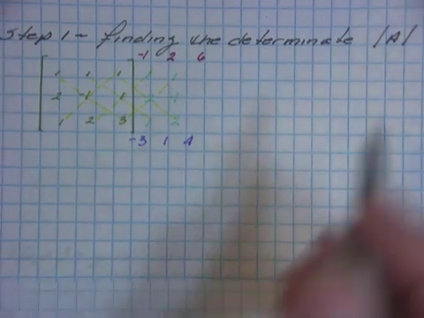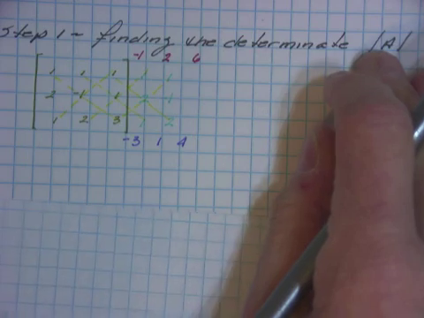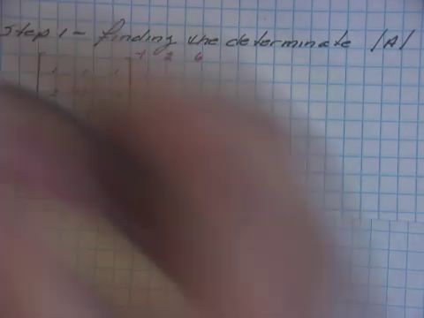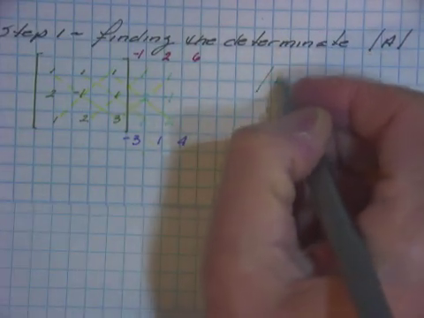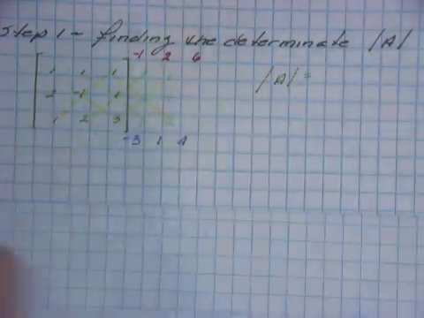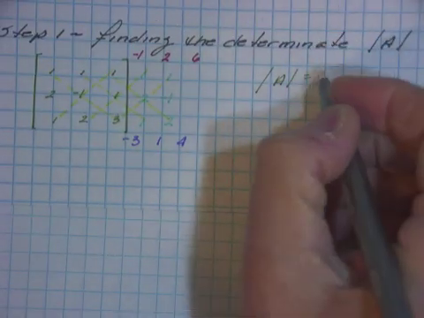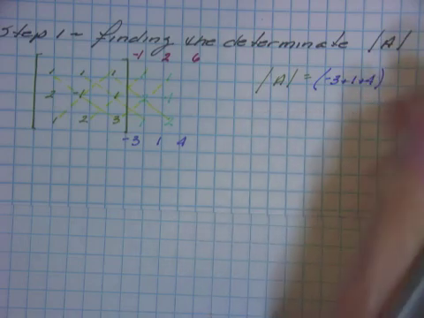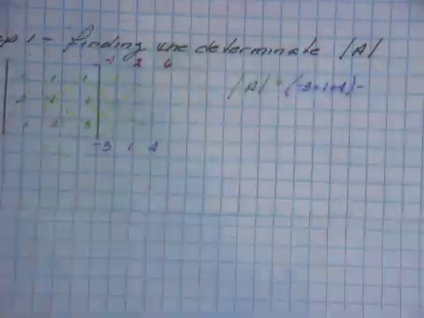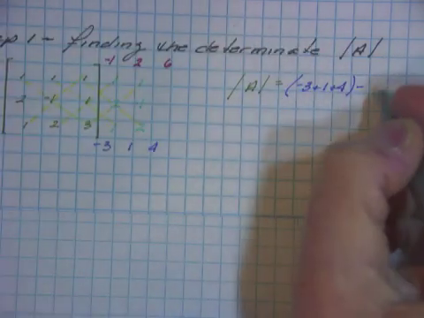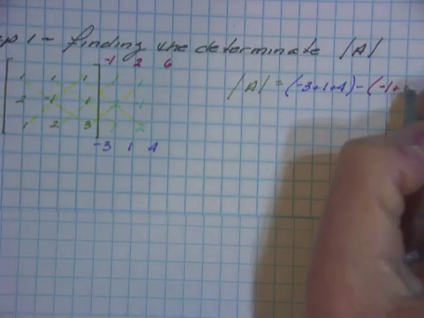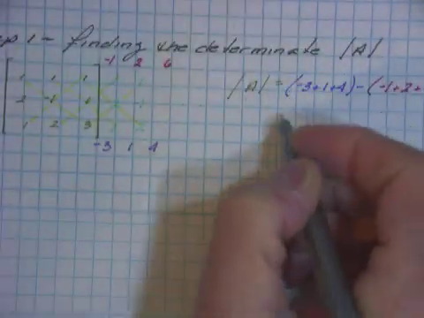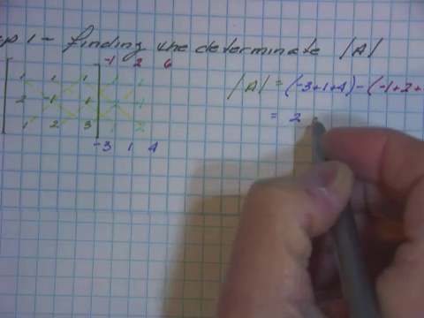Now we're going to take all the numbers. I've got the determinant of A equal to, I'm going to take all the blue numbers, the ones on the bottom, add them up, and subtract the numbers on top. Negative 1 plus 2 plus 6.